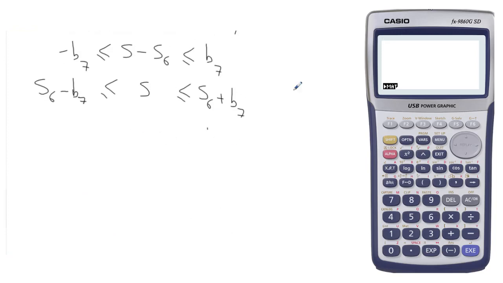So S6 minus B7: S6, first term positive, is 1 minus 1 over 2 factorial plus 1 over 3 factorial minus 1 over 4 factorial plus 1 over 5 factorial minus 1 over 6 factorial. And then we take away B7, which is 1 over 7 factorial.